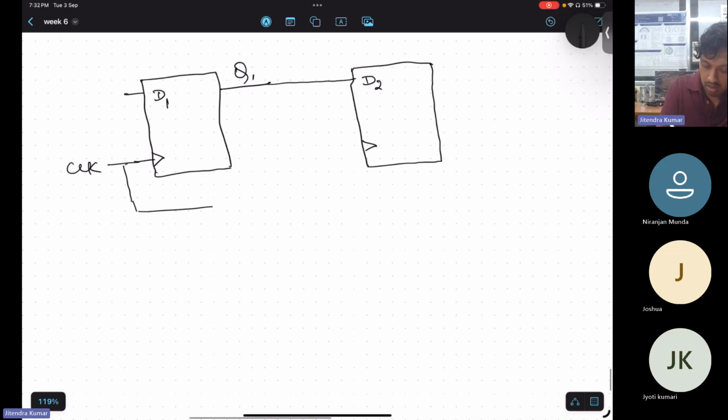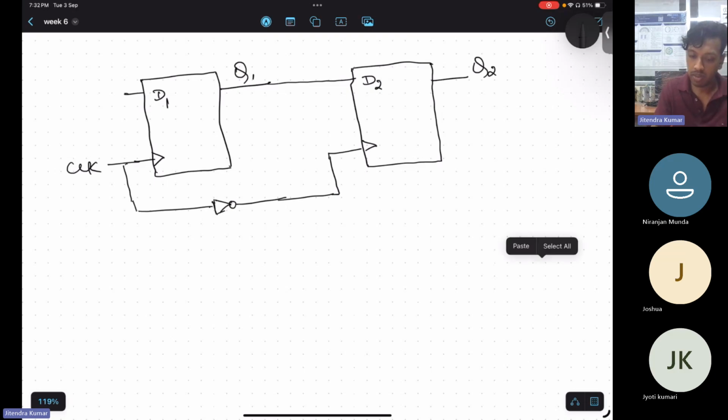And the output is Q2, or Q also you can put, but Q2 is fine.